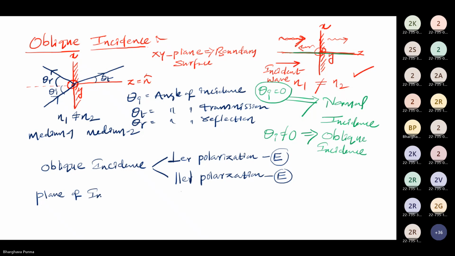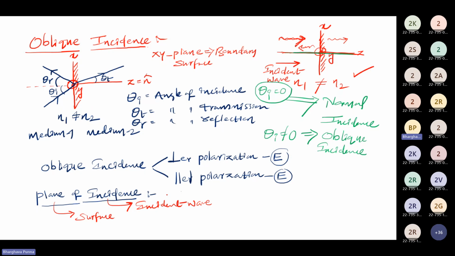Plane of incidence. Already you have understood that the electromagnetic wave is making a certain non-zero angle with the normal to the interface. The plane of incidence is related to the incident wave: incidence is there, and it is a plane, that means it is one surface.